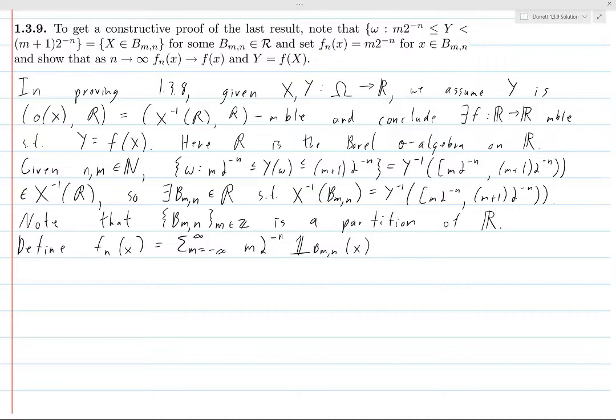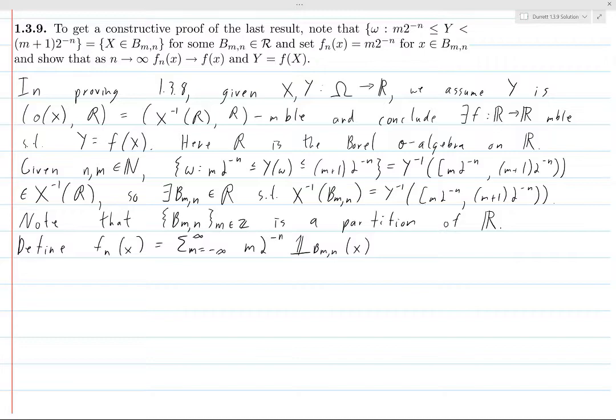And because these form a partition of R, if you fix an n, then for any x in R, there is some m such that x is in B_mn. And so when we take this sum in the definition of the function F_n, for any fixed value of x, all of the terms will drop out except for the one term which corresponds to the B_mn to which x is an element. And then you just assign the value m times 2 to the minus n.